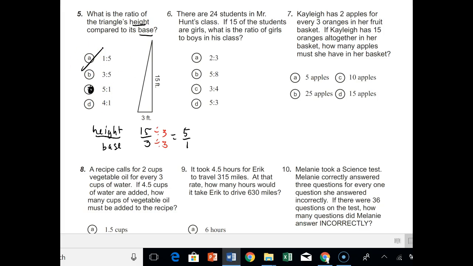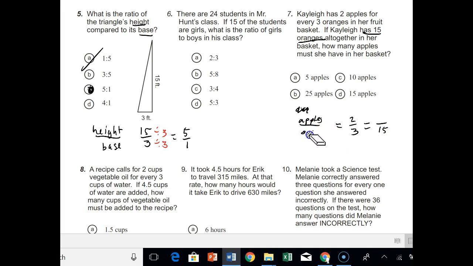Look at number 7. Kaylee has 2 apples for every 3 oranges. If Kaylee has 15 oranges in a basket, how many apples must she have? So what are we comparing? We're comparing apples and oranges. I could do oranges over apples. It wouldn't make a difference. But I'm just trying to do it as we read it. So 2 over 3 is equal to, and then she has 15 what? 15 oranges. So oranges I put on the bottom, so 15 on the bottom.